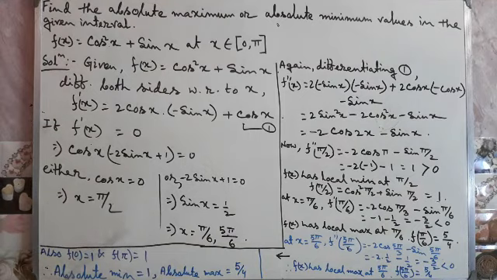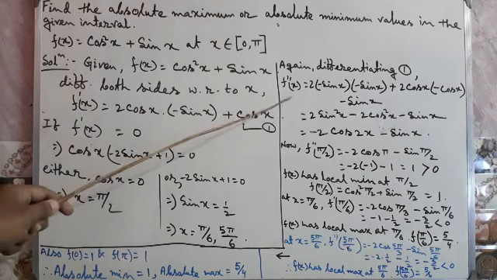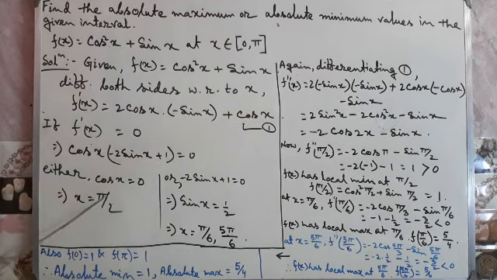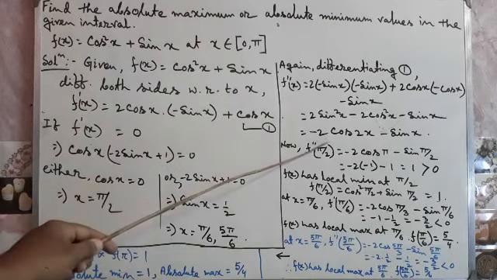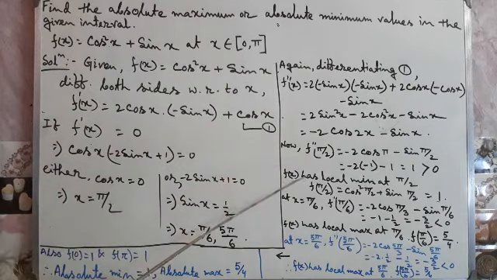Now we have to check the value of the second order derivative at these points. So again differentiating f dash x, we will get f double dash x is equal to this one. Now the second order derivative at the point pi by 2, we got it is 1, that is greater than 0, positive.